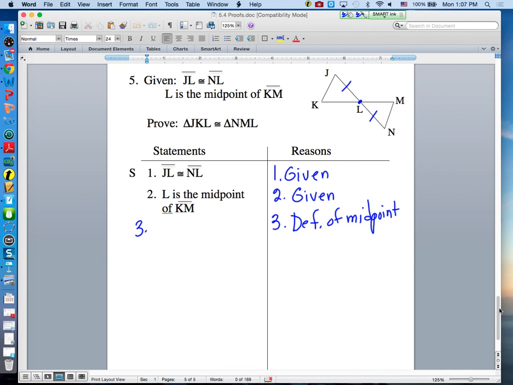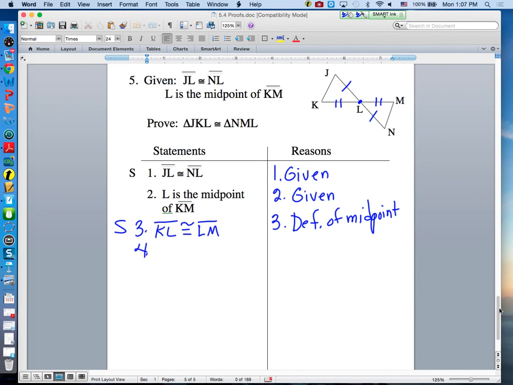Okay, so now pay attention to what it says the midpoint of. L is the midpoint of KM, so segment KL is congruent to segment LM. Definition of a midpoint. That gives us another pair of sides congruent.